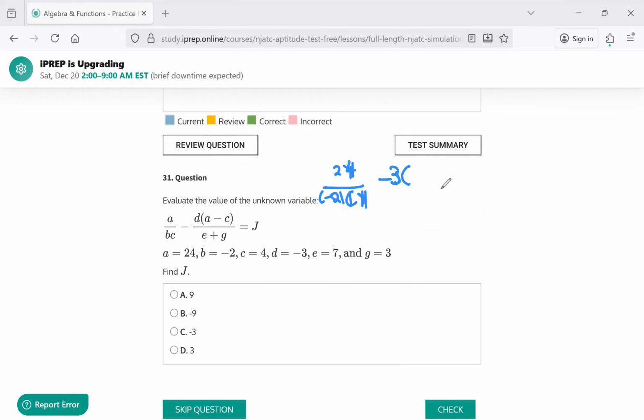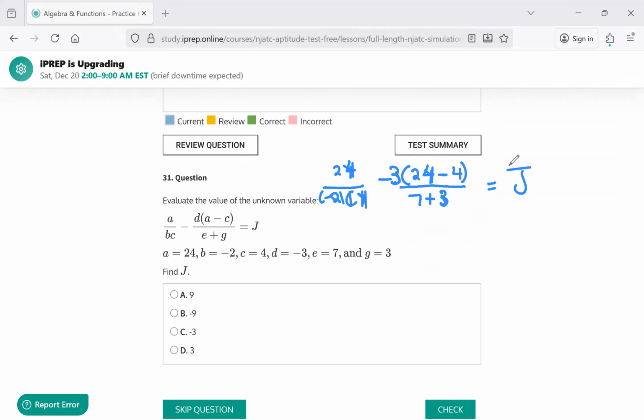And then A minus C is 24 minus C, minus 4. And then it's E plus G, so that's 7 plus 3 equals J.